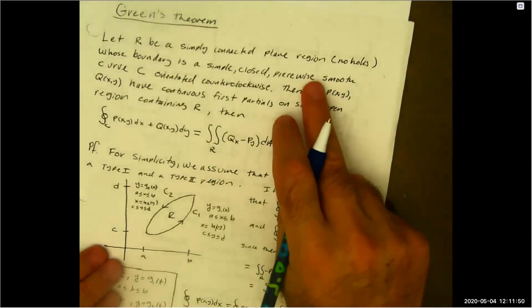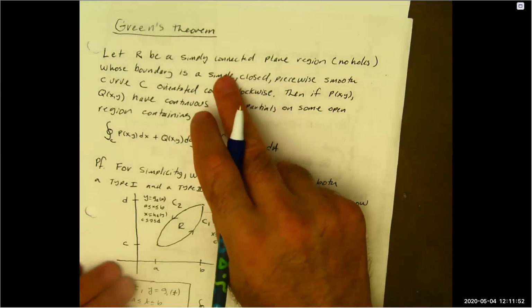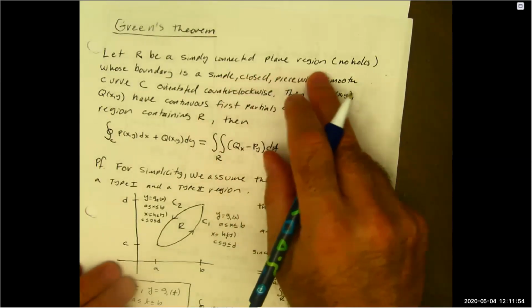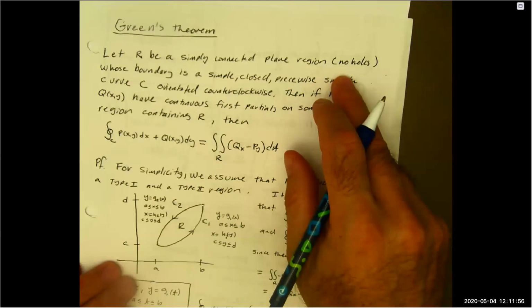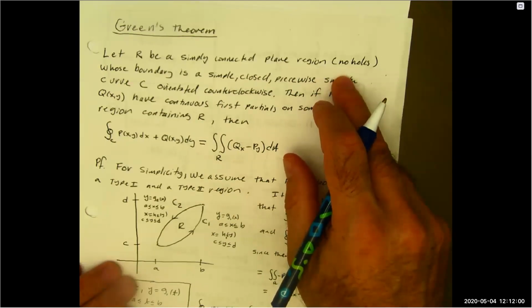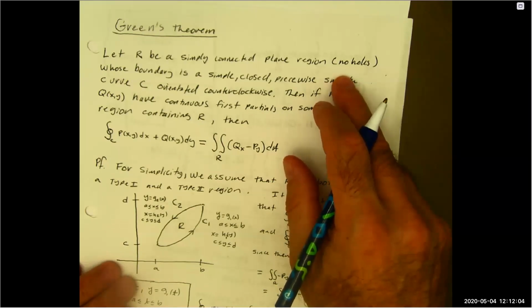So when I stated Green's theorem right at the beginning, it said let R be a simply connected plane region with no holes. But actually, Green's theorem can be extended to regions with holes. And so what I want to do is show you a way to extend Green's theorem to a region that does have holes.